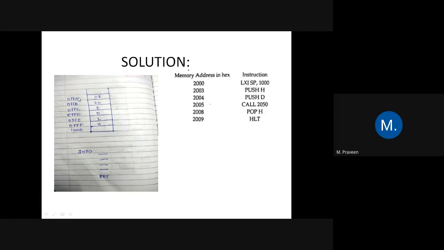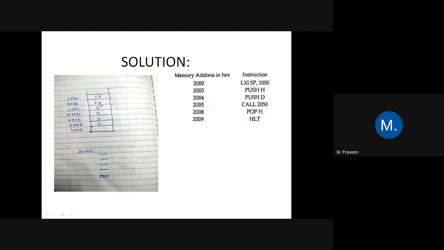Then the stack pointer will be incremented by 1, so it will change to 0FFB. In 0FFB you have 20, so that will be moved to the program counter. Now the program counter value is 2008.